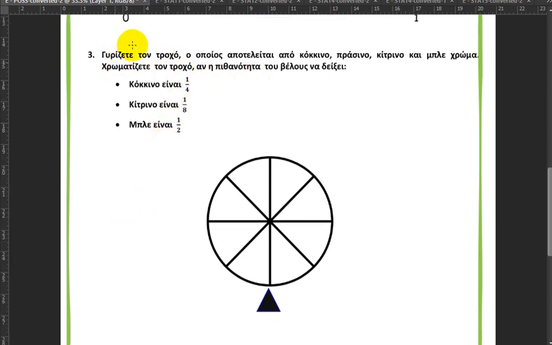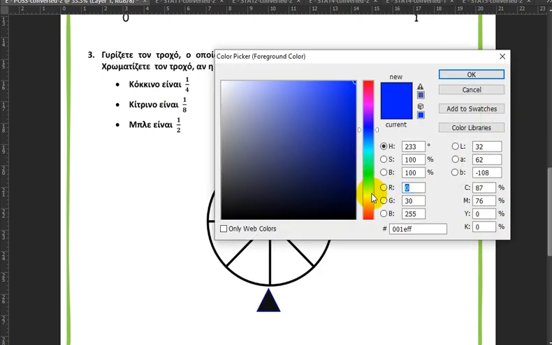Okay, so here we have, let's actually color this in. So we have to color it in if the chance of getting red is 1/4, yellow 1/8, and blue is 1/2. So yellow being 1/8 means that one of the 8 pieces is yellow.